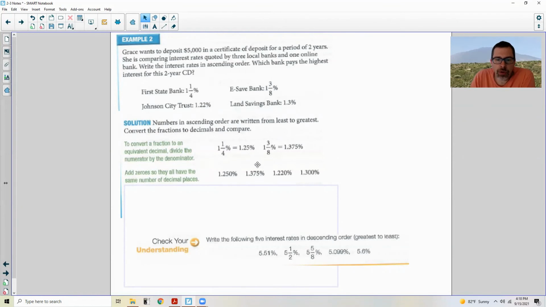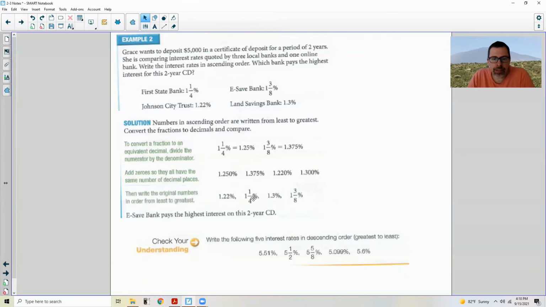And we added a 0 to it because there's 3 decimal places in this one. And then we have 1.22 and we put a 0 at the end, and 1.300 to put a 0 at that end there. So what we did there is just simply made them 3 decimal places, 10th, 100th, 1000th, 1.375 thousandths of a percent. Okay, all these are in thousands.